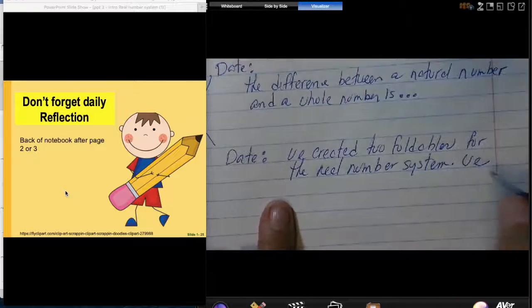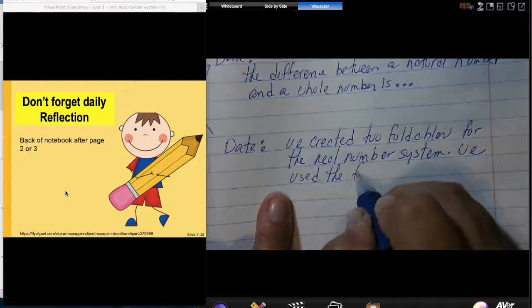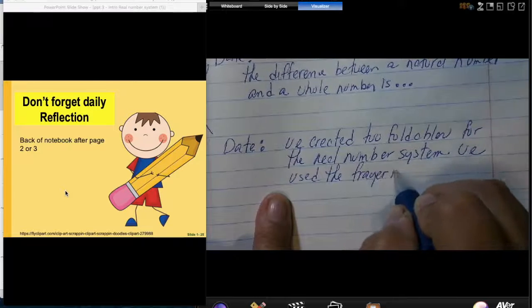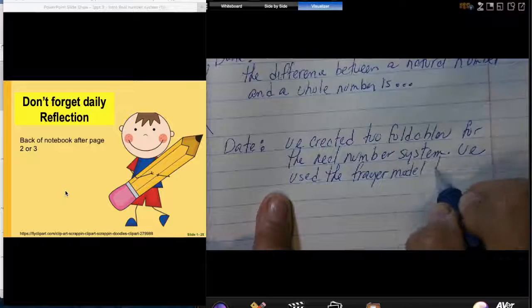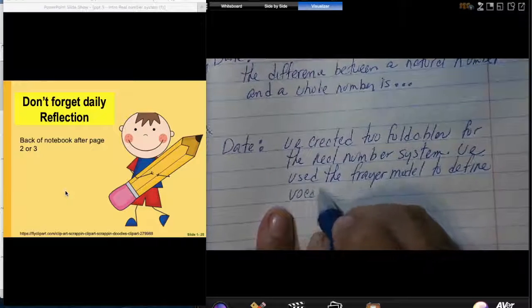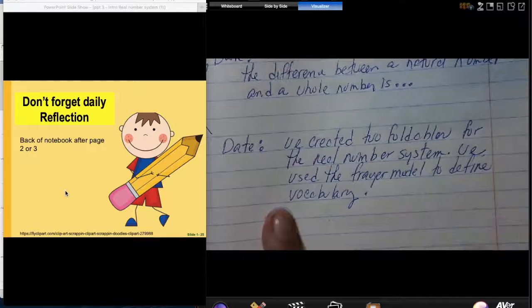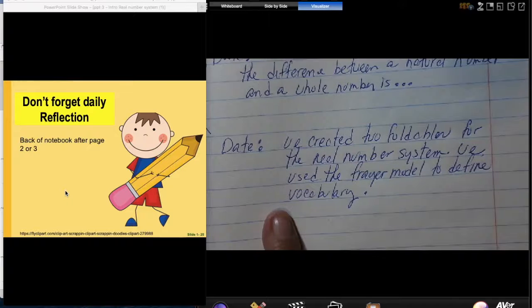We defined some vocabulary words. We used the Frayer model to define vocabulary words. What else did we do? And we did some practice. And we practiced the real number system.